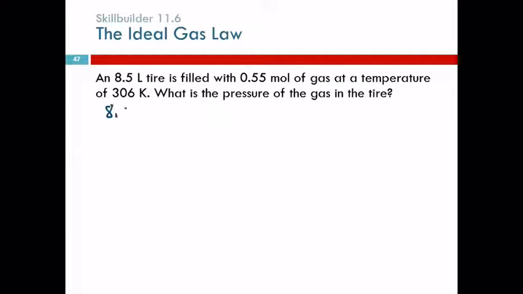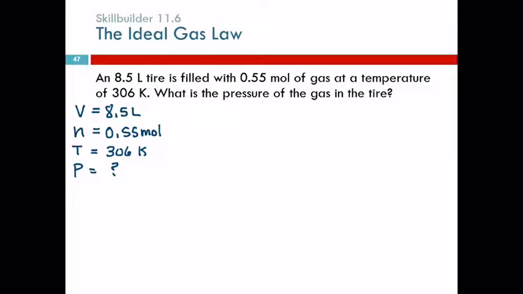That's absolutely fine. 8.5 liters. Well, liter is a unit of volume. That must be the volume. 0.55 moles of gas. That's the unit for N. And the temperature is 306 Kelvin. That's the temperature. What is the pressure? Pressure equals question mark.